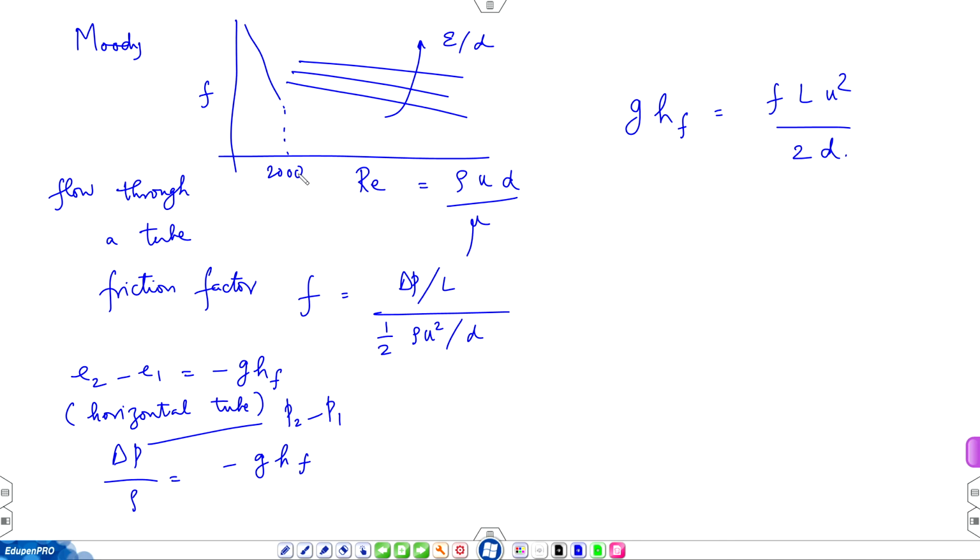So, if you have to use Moody's diagram, you have to find the Reynolds number, and then it turns out that in most real life problems you are on the right side of this graph. So, roughness has to be prescribed. If it is smooth, how much is roughness for a smooth tube? 0.